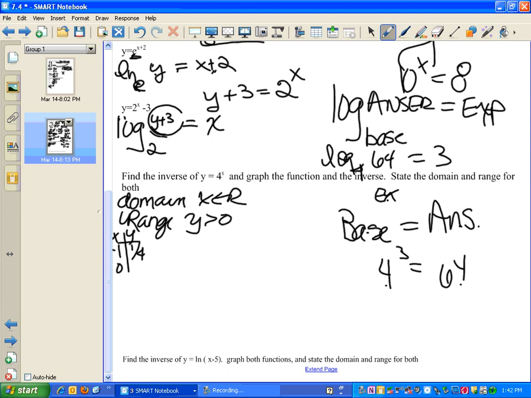If x is 0, we get 1. If x is 1, we get 4, correct? So, -1, 1/4, 0, 1, 1, 4. And where's our dotted line? Right here, correct? That's our dotted line.